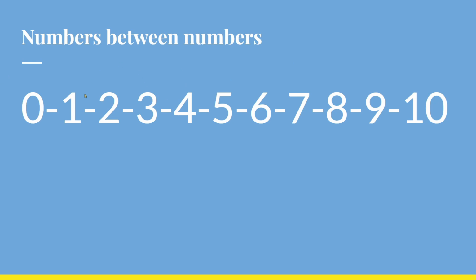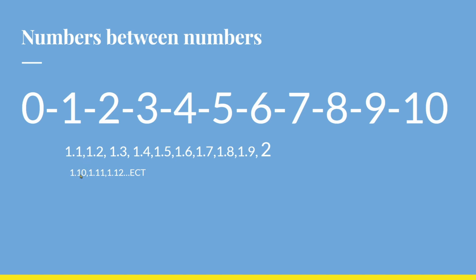So we're going to look between 1 and 2 right now. We do 1 decimal point 1, and it counts up behind the decimal point until we get to 2. And then there are numbers between these numbers as well. So 1 decimal 1 and then 1 decimal 2. There's an infinite set of numbers between these numbers as well.